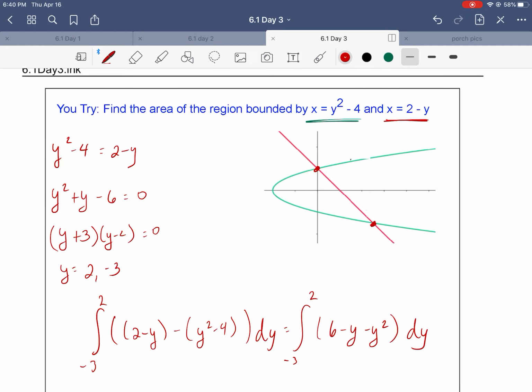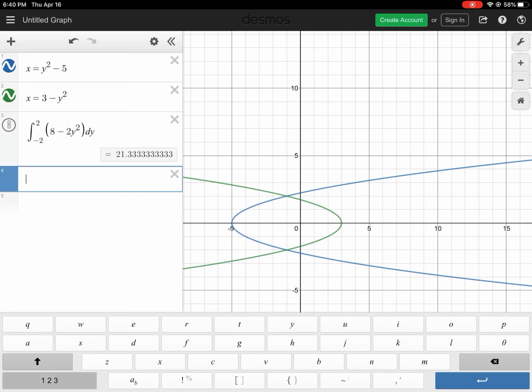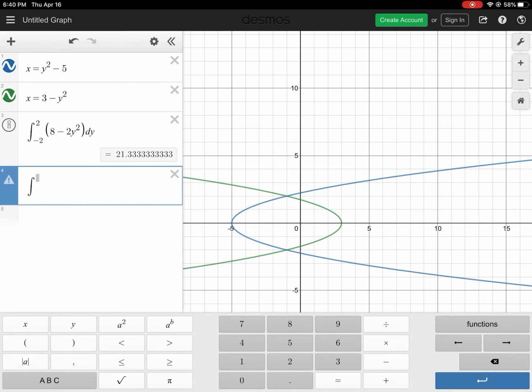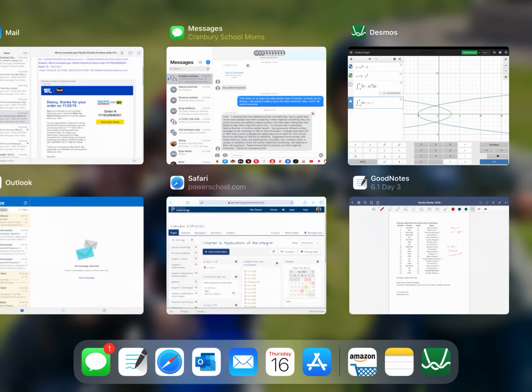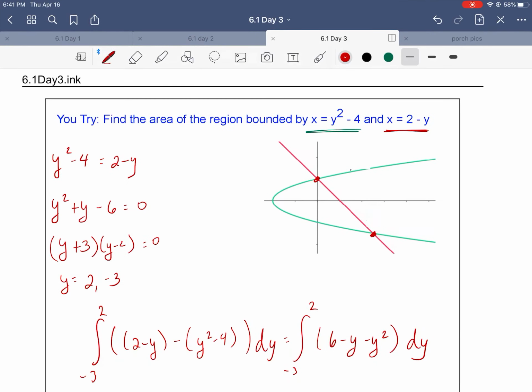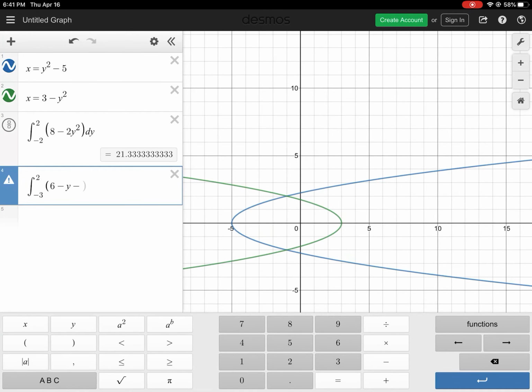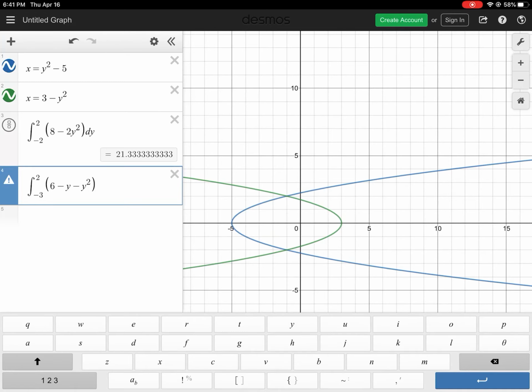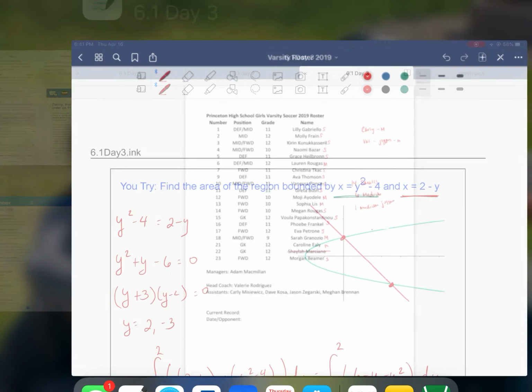I'm getting -3 to 2, integral of 6 minus y squared dy. It was red minus green. 20.83.